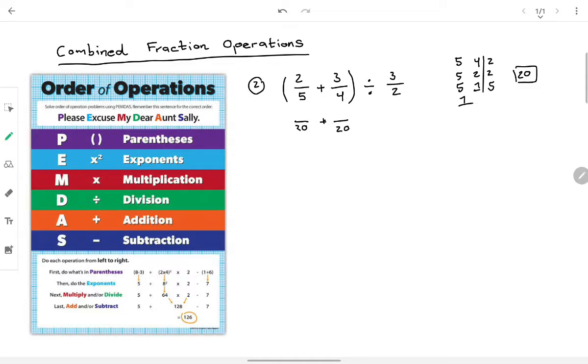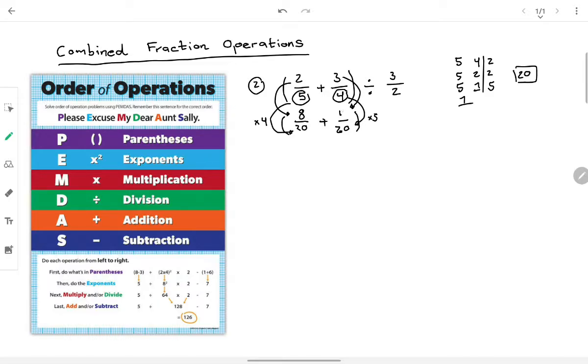So let's see. For changing these fractions to 20ths, 5 is multiplied by 4, so 2 is also multiplied by 4. We will get 8 over 20. 4 is multiplied by 5, so 3 gets also multiplied by 5.